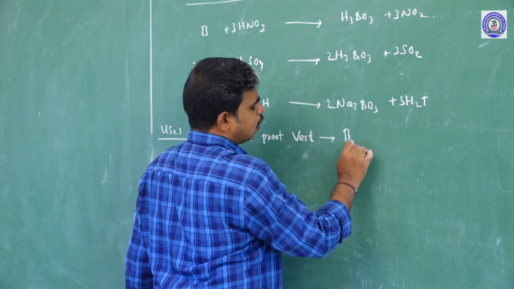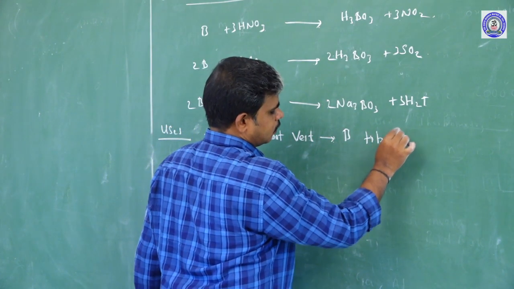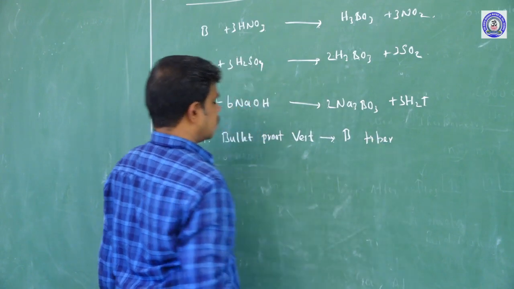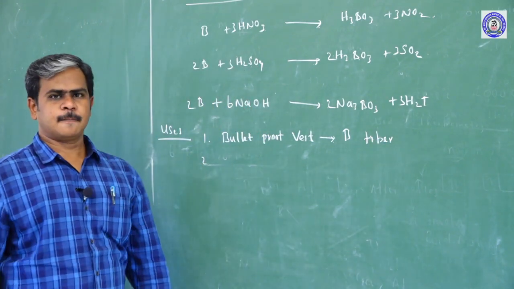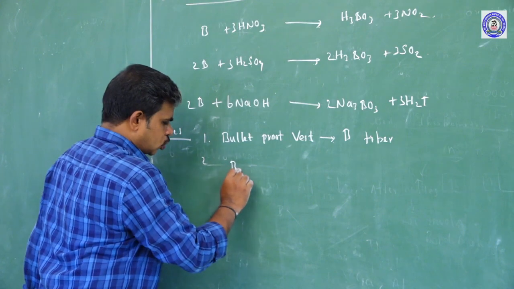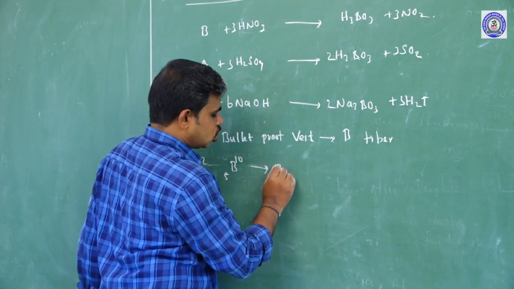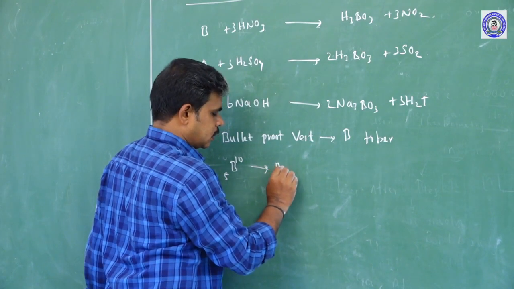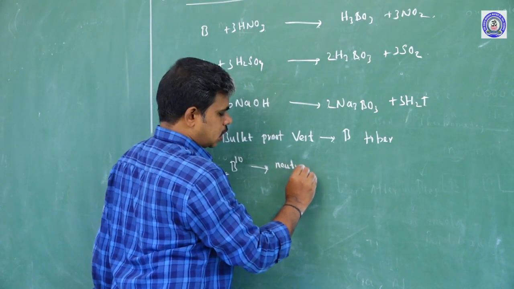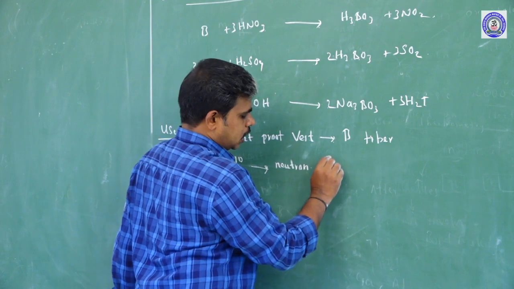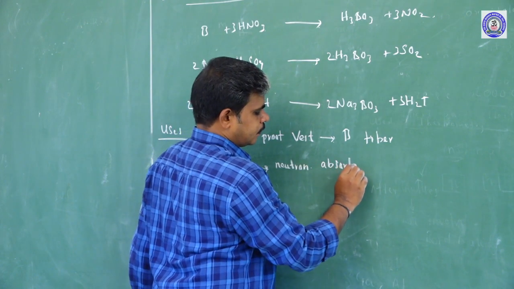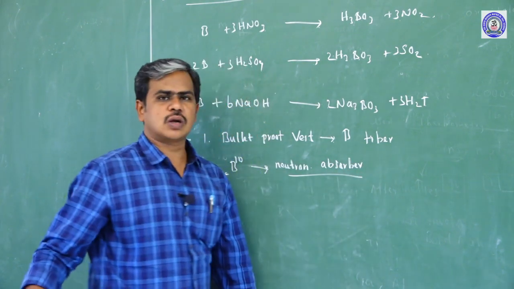And the second one: the boron isotope B-10 is a neutron absorber.